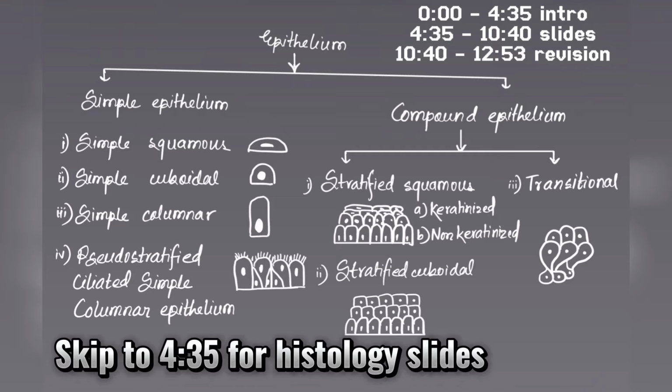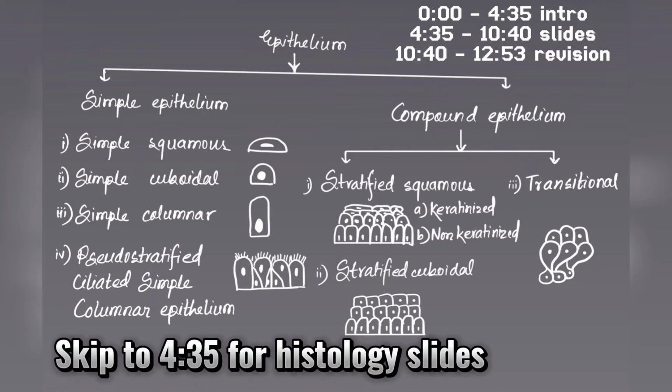On the basis of presence or absence of keratin outside the epithelium, it can either be keratinized or non-keratinized. I'll tell you how to distinguish between the two of them under a microscope. Then there's your stratified cuboidal. Again, you will find nucleus in multiple layers, and the cells present at the topmost level are cube-like or cuboidal.